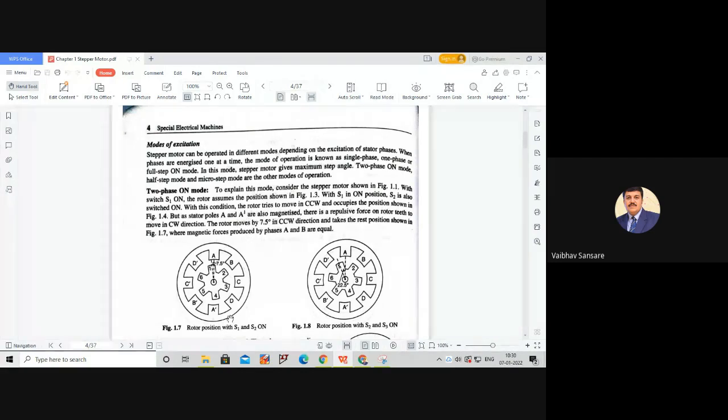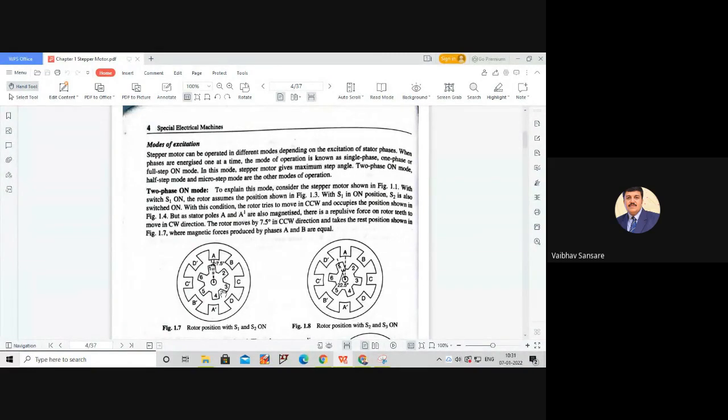Why is this so? This is because both coils are in the energized condition. Coil B dash tries to rotate the rotor in the counterclockwise direction by 15 degrees. At the same time, coil A dash is also energized, which attracts rotor teeth 1 and 4 in the clockwise direction.